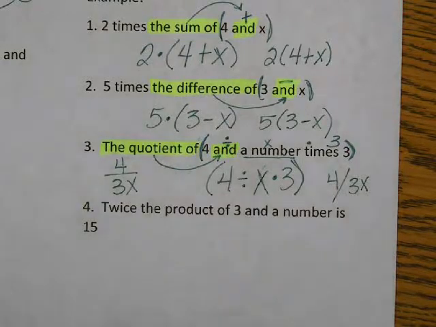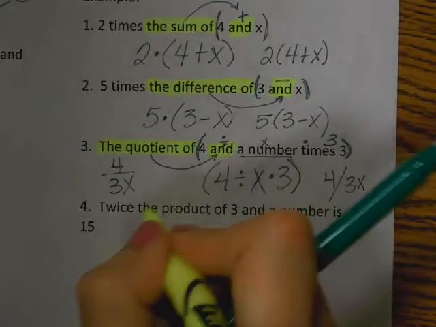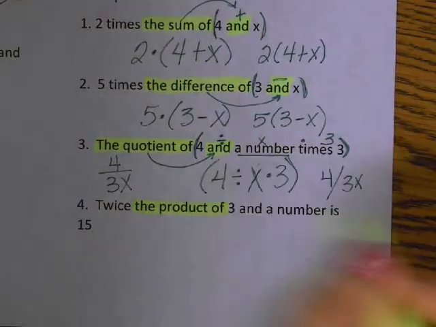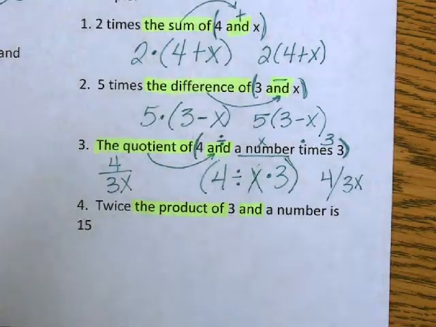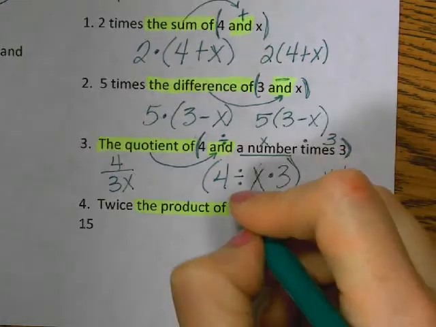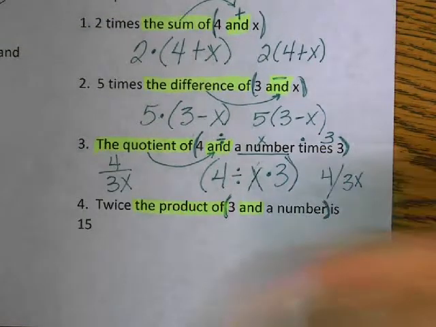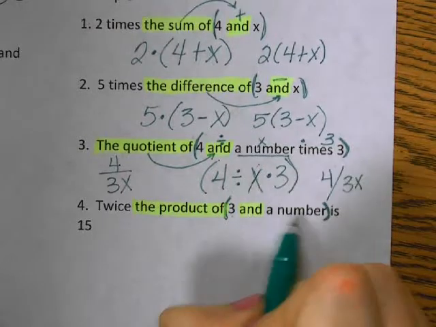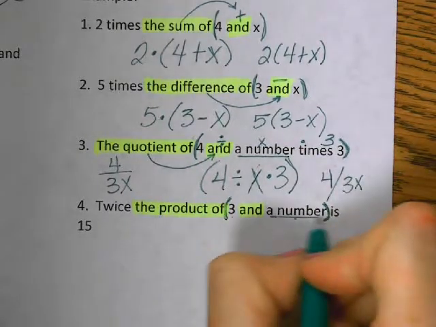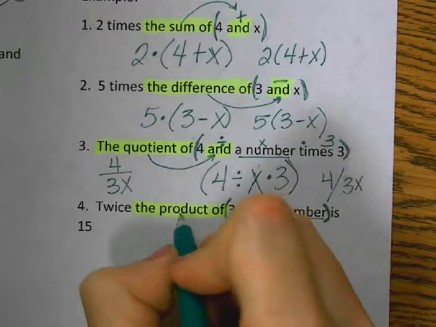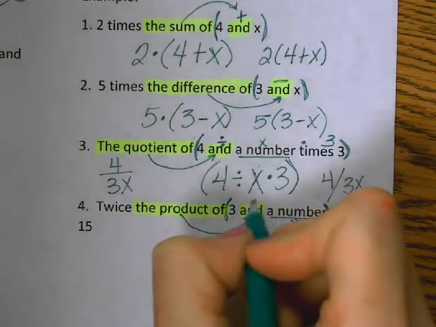Alright. Last one. Twice the product of. So here is the product of, and it's 3 and a number. So parentheses around 3 and a number. We close up the parentheses here, because remember, it's something and something. Remember, a number means x. Product is going to make my "and" a multiplication sign.